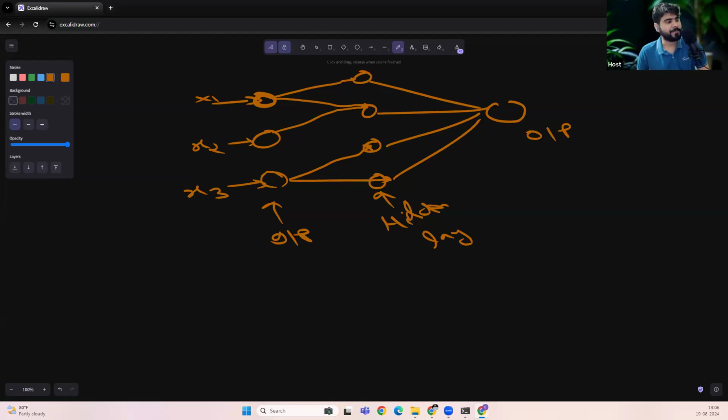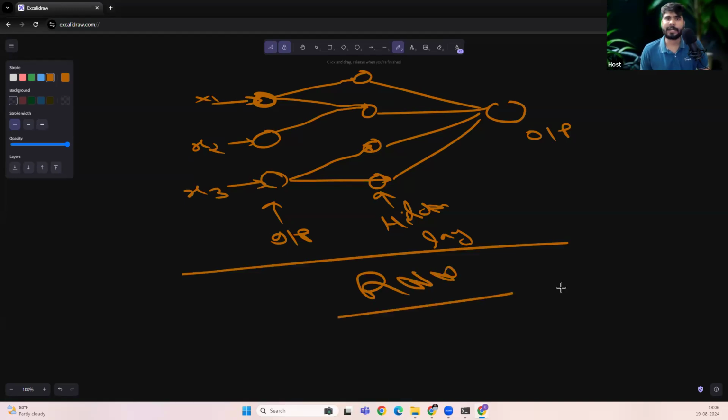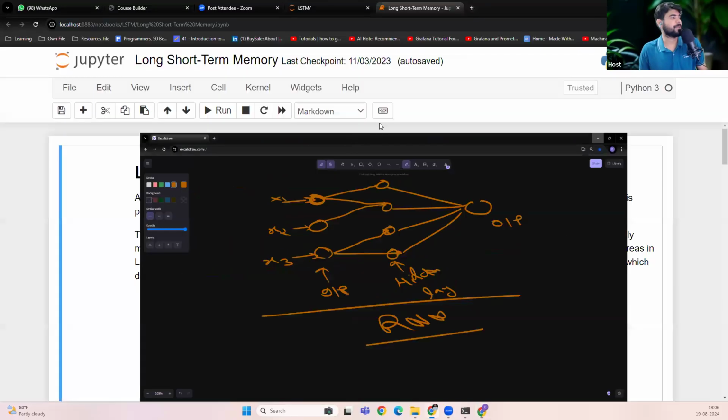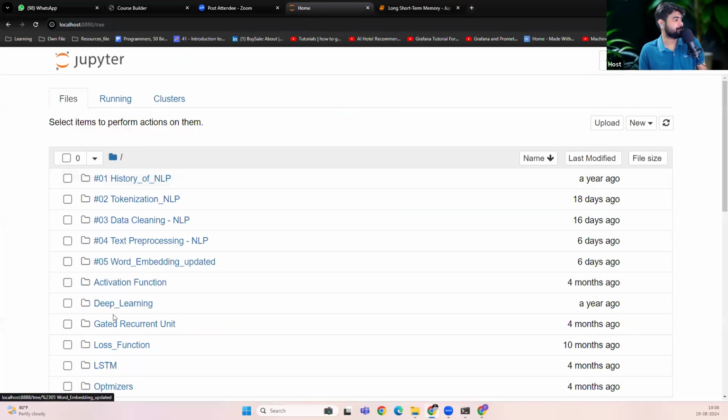So that's why we got here RNN, that is called recurrent neural network. Now, as in the last discussion, in a neural network we have two issues. The first one is the vanishing gradient issue. The second one, if I show you, let me open my file here.